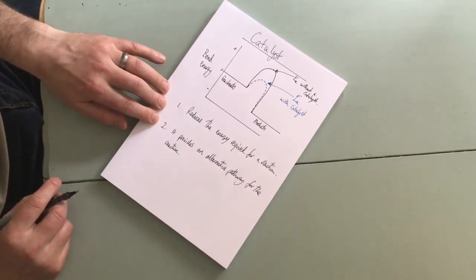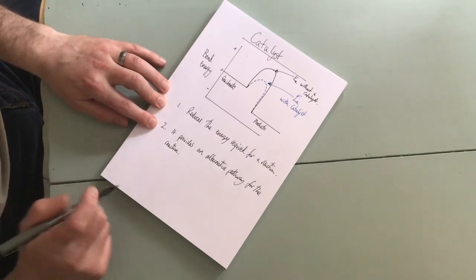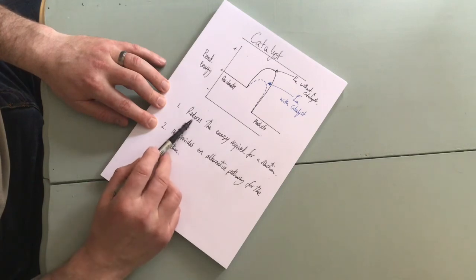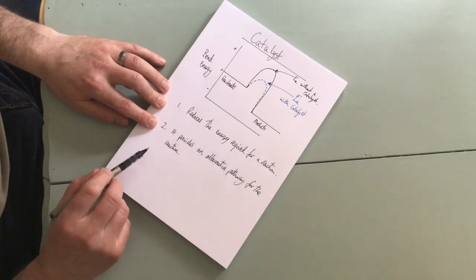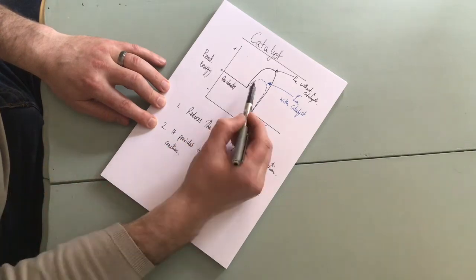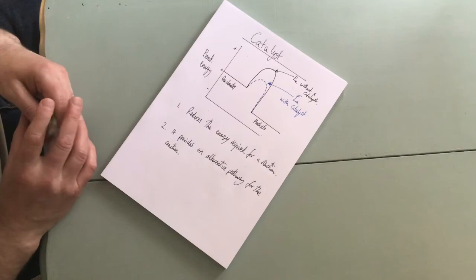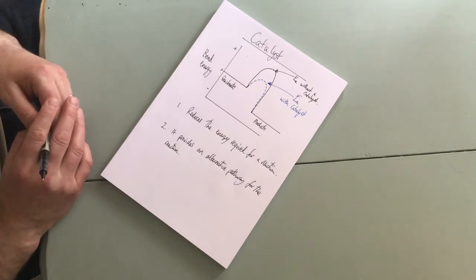We don't need to go into a lot of detail about this. We tend to go into it at A levels, but what we need to remember is that it reduces the energy required for a reaction to take place, and it provides an alternative pathway for the reaction, meaning that we have to add in less energy so our reaction can take place much more efficiently.